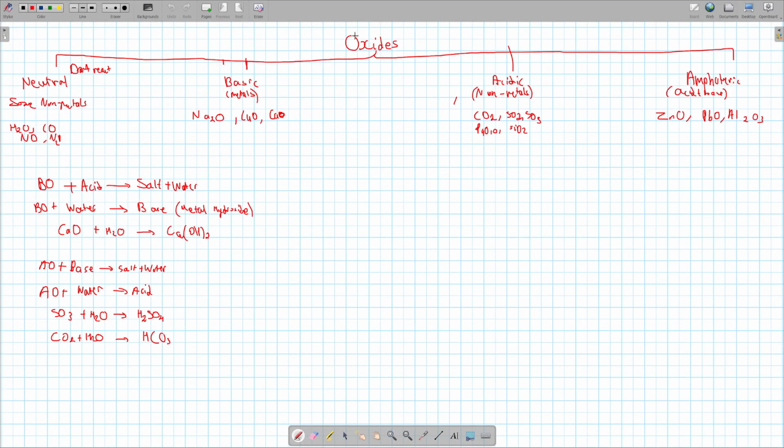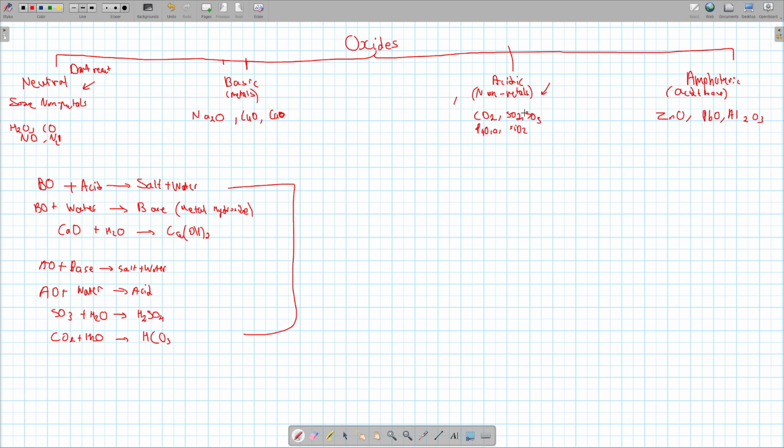You can need this for this quiz. Remember, memorize all of these. The neutral oxides are some nonmetals like water, CO, NO, N2O. Basic ones are any of the metals: Na2O, CuO, CaO. These are the ones we're doing this week, so forget about the reactions for right now.